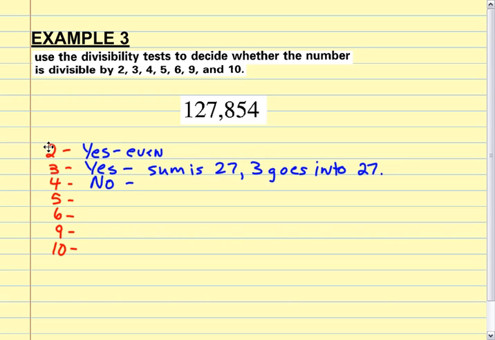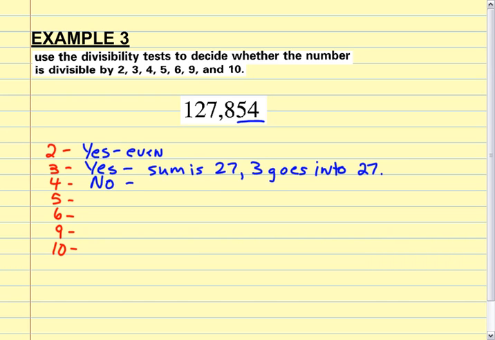That's not the divisibility test for 4. Does anyone remember what the divisibility test for 4 is? Truman? The number formed by the last two digits is divisible by 4. So if 4 can go into the last 2 digits, then it's divisible by 4.